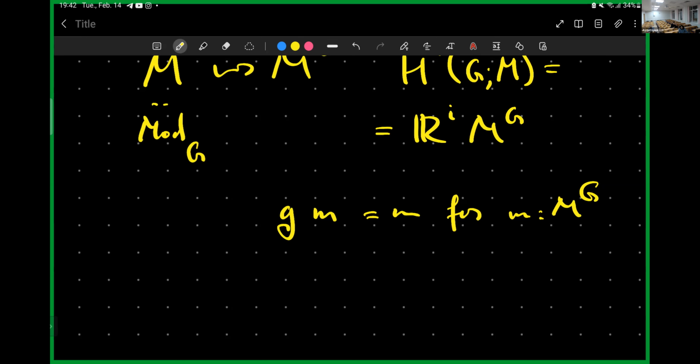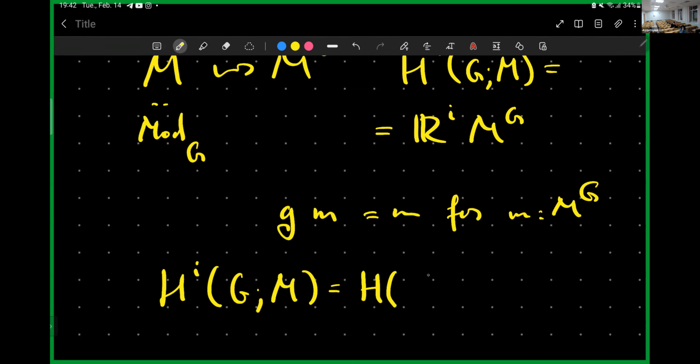The homology is the result of applying the functor of invariance to the hom. No, sorry. What do we do? We want to derive the functor of invariance.